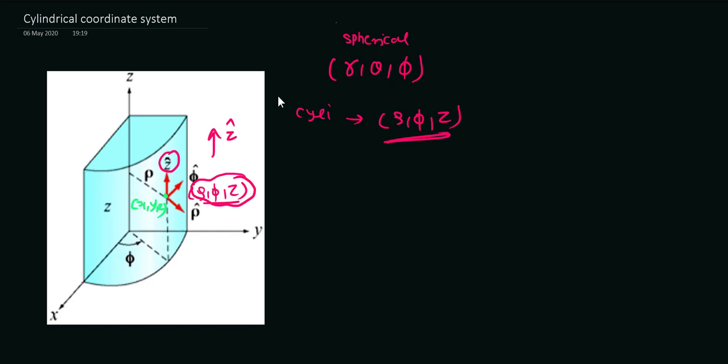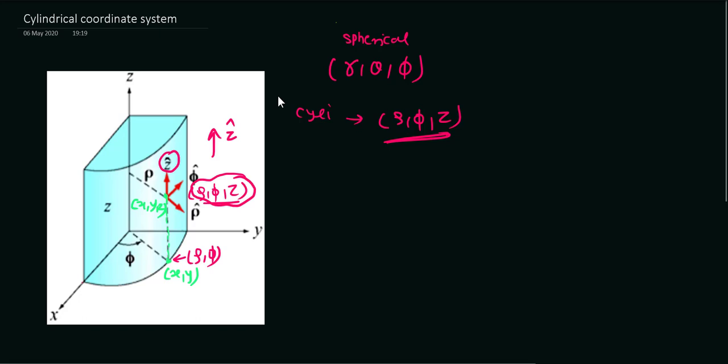So I will draw the Cartesian coordinate system with this green color. This point would be x, y in the Cartesian coordinate system, and in the cylindrical coordinate system this point would be rho, phi. I am making both of these coordinate systems in the same diagram.